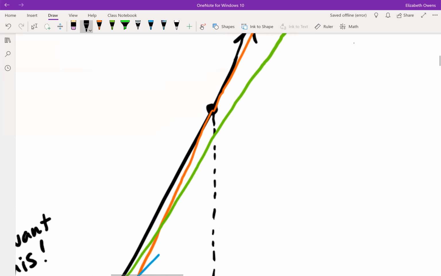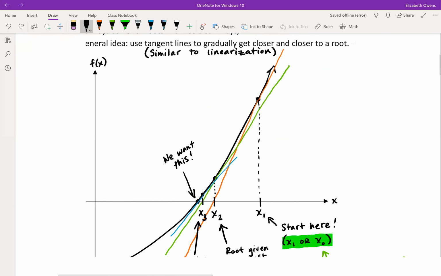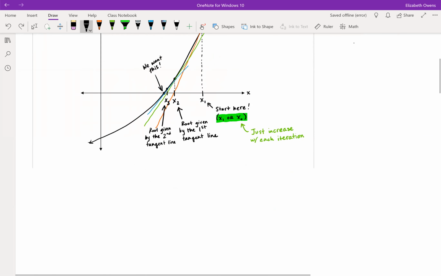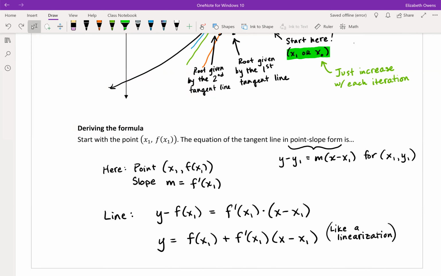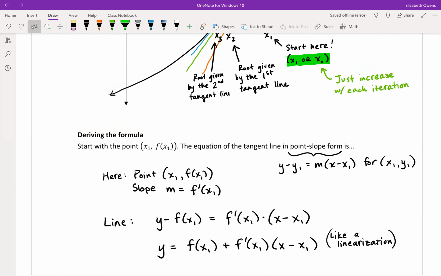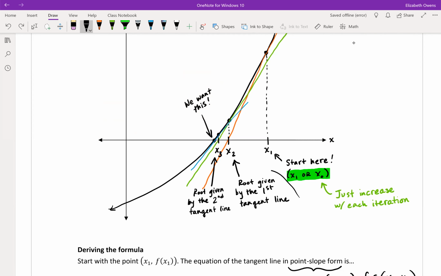Remember how if we get close to that point, the tangent line values are close to the actual function values, because there's very little difference between the y values near our point of approximation. So this is a linearization of the function. We've created a tangent line, and we want to find the root given by that first tangent line, because that's going to give us our x2 value to move us closer to the root that we want.